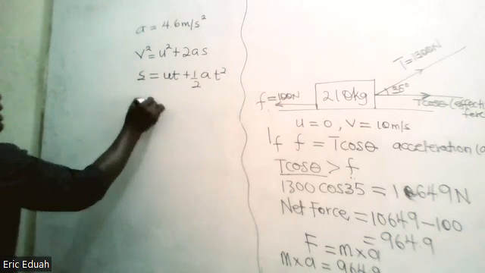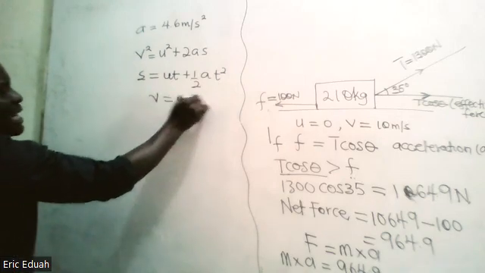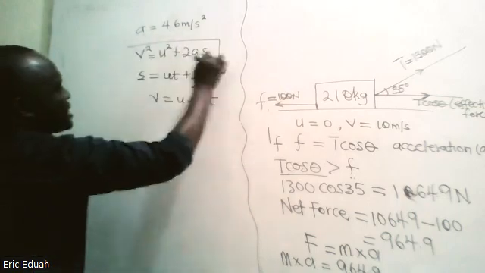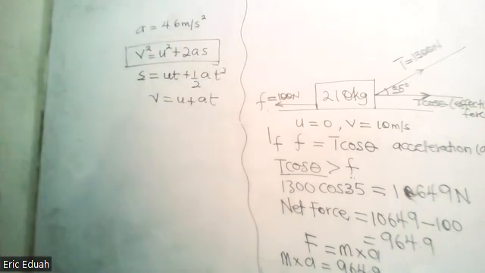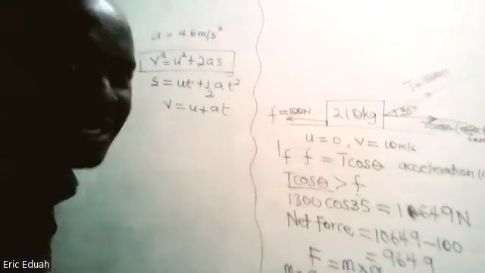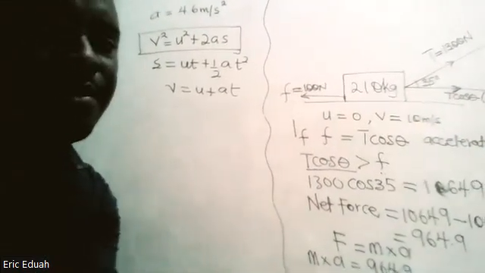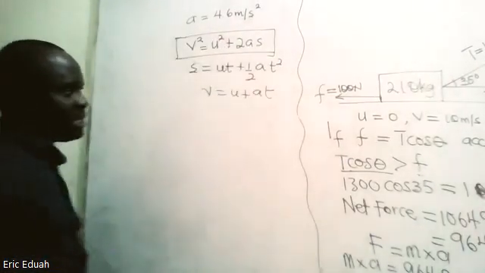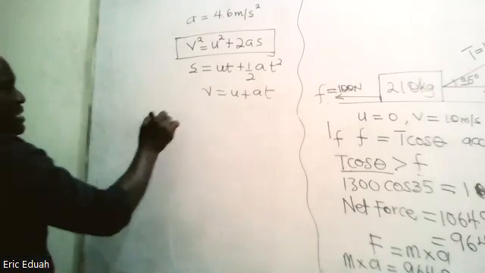But here, we'll need equation 1 to determine the time. So please use this to calculate the distance covered by the body for me. I'm waiting for your answer. Use the equation in the bracket to find the distance covered.